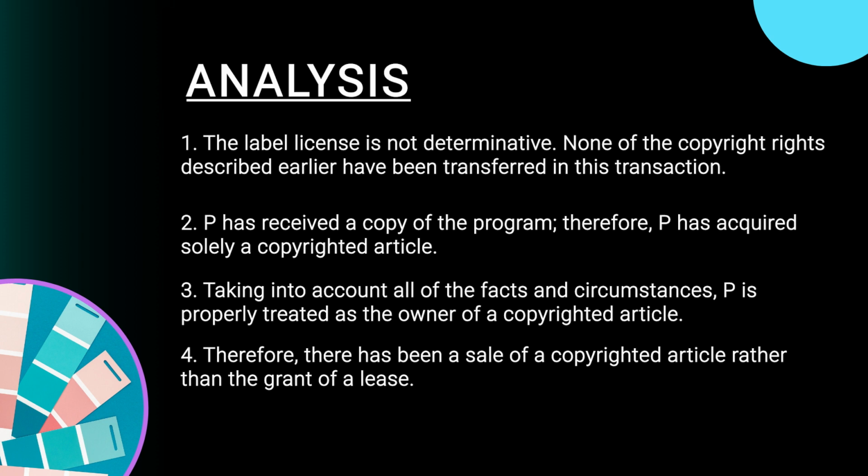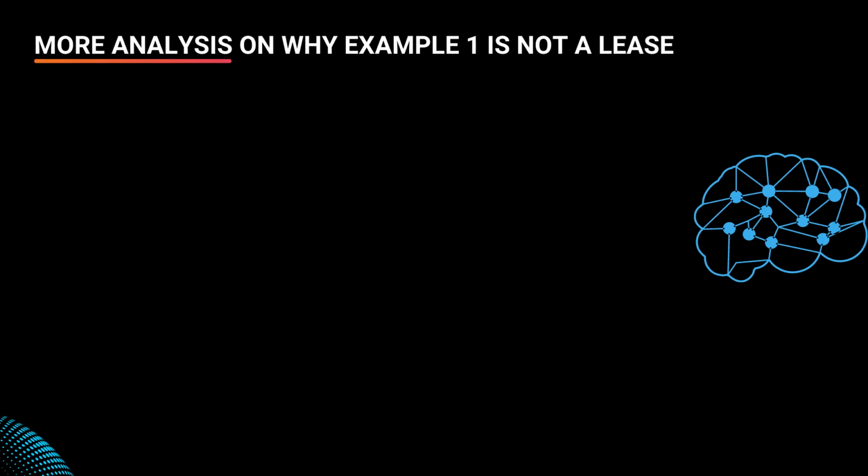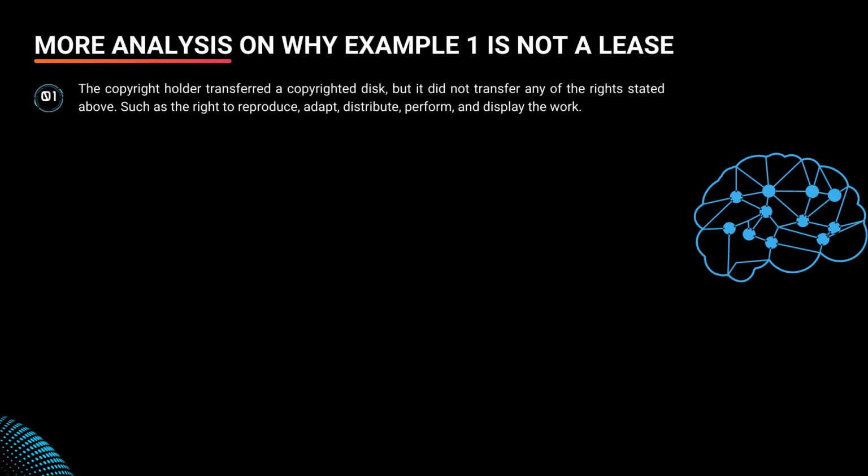This is also important, so take note of that. Let's do more analysis because I want you to understand this concept very well, on why example 1 is not a lease, but rather is categorized as a sale. The copyright holder here transferred a copyrighted disk, but it did not transfer any of the rights that we've stated above, such as the right to reproduce, to adapt, to distribute, to perform, to display the work. None of those were transferred in this example.